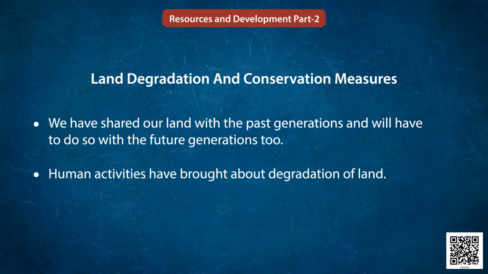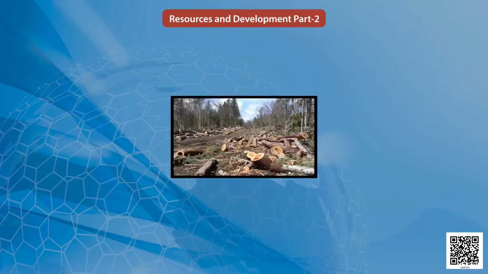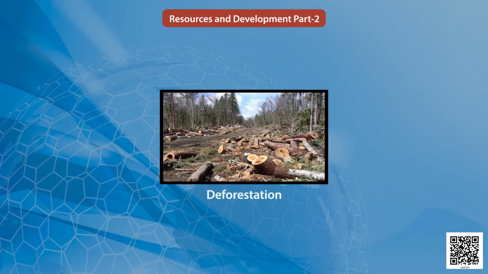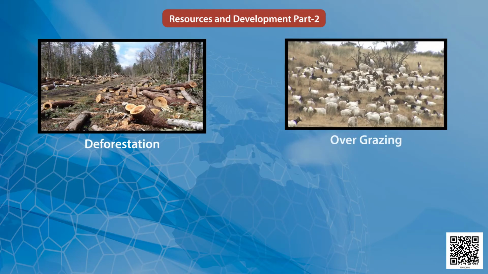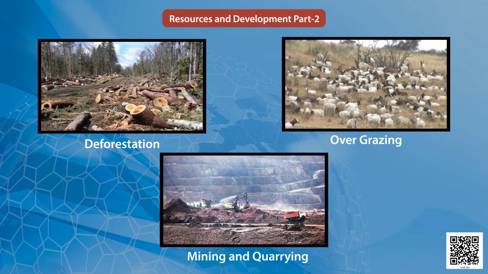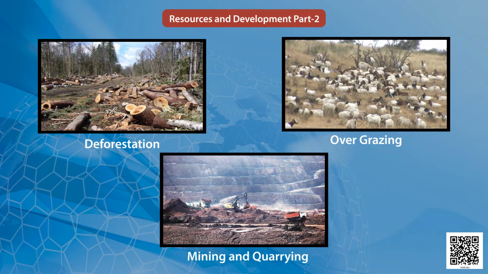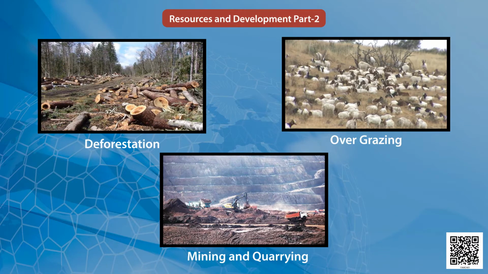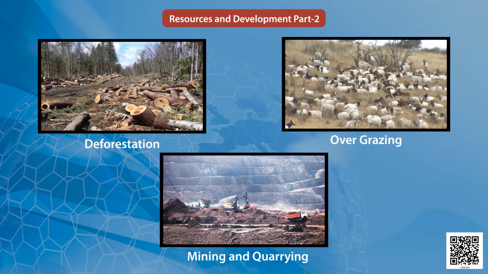Human activities have not only brought about degradation of land but have also aggravated the pace of natural forces to cause damage to land. Human activities such as deforestation, overgrazing, mining and quarrying too have contributed significantly in land degradation.